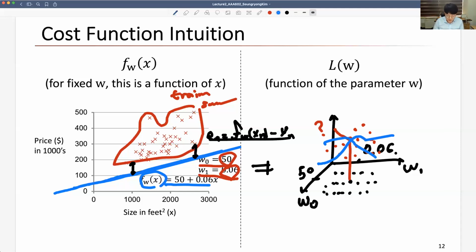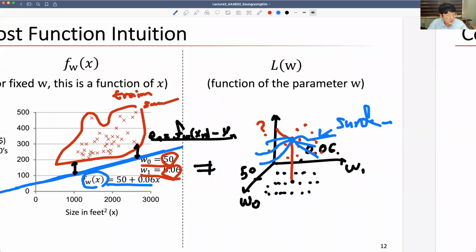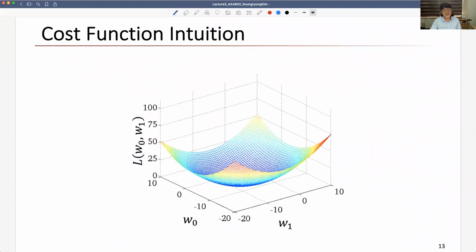No, it's not a curve, it's a surface. I don't know how I can draw this, but yeah, let's say it's going to be a surface. So if we draw this one again, it looks like this.